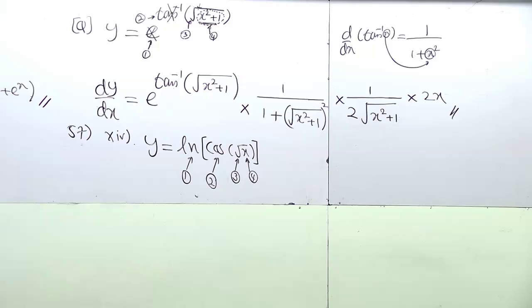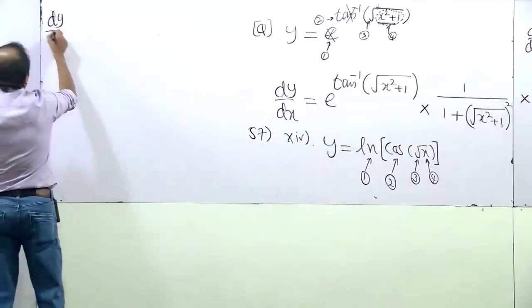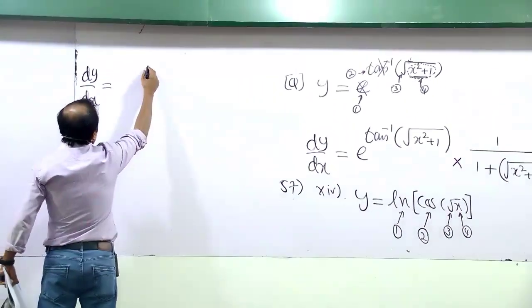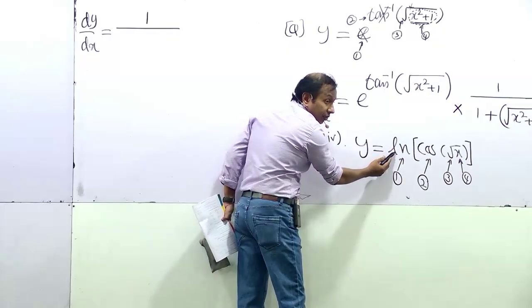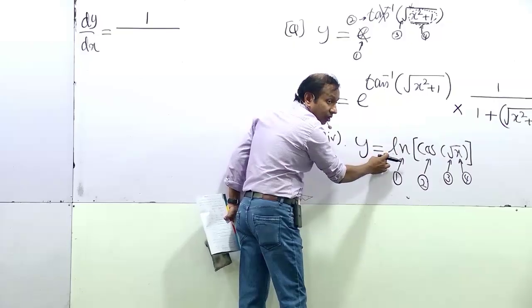Yes, 1 over x. dy over dx. The derivative of ln, log to the base e, means 1 over the function after ln.